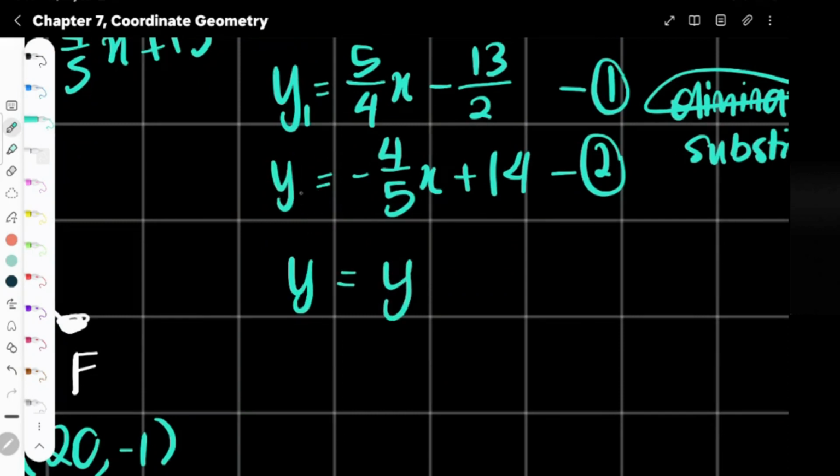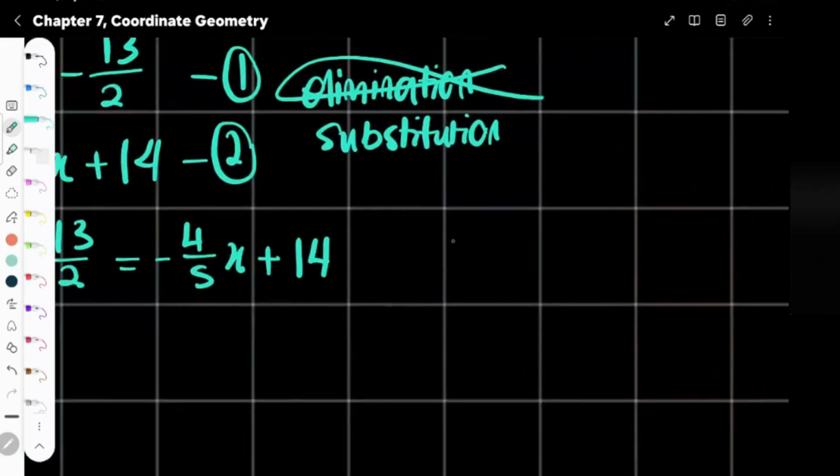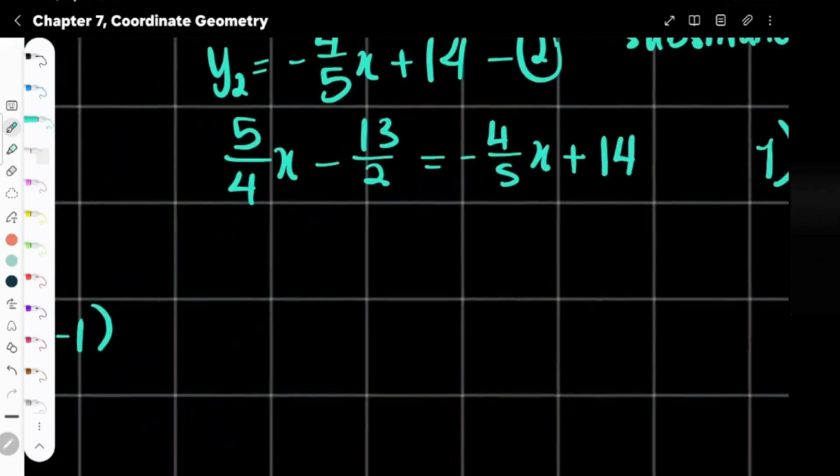Just follow me. y1 is 5/4 x minus 13/2, equal to y2, which is negative 4/5 x plus 14. See, I just compare the two. So the first step is to compare number one with number two.